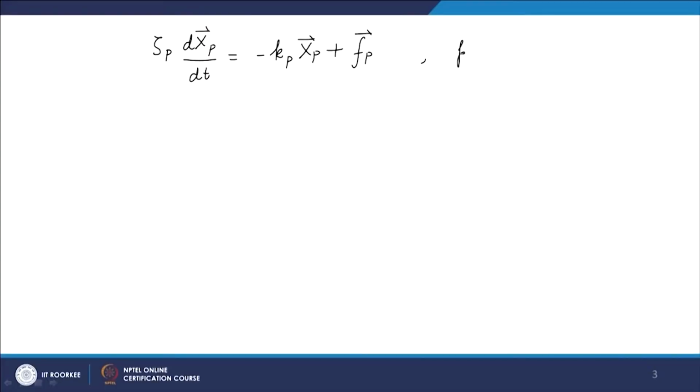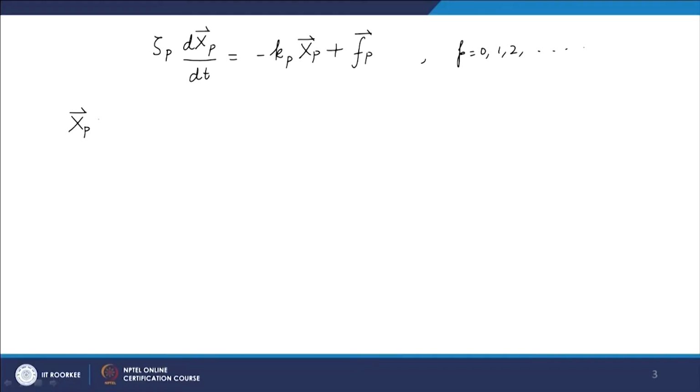Similarly, we have Kp analogous of a spring constant, but defined for an ODE for a value of p, and similarly Fp is like a random force that is defined for a value of p, and of course, that is changing as I change the values of p. We do not know what the values are yet, we will derive the values that would give any meaning to this equation. Okay.